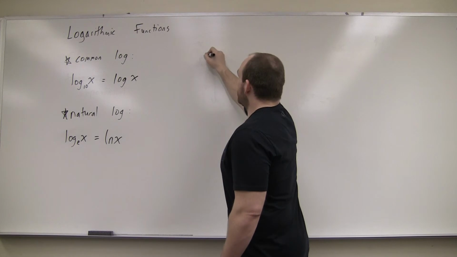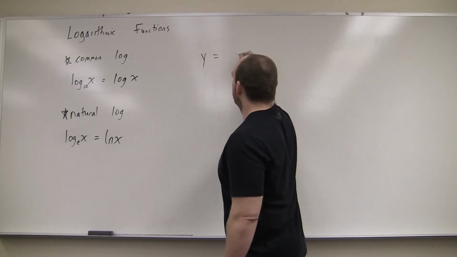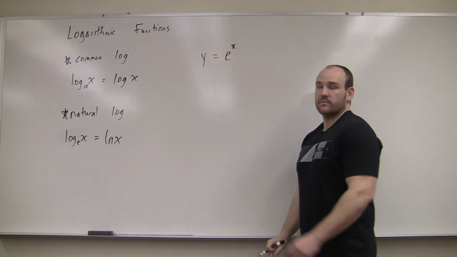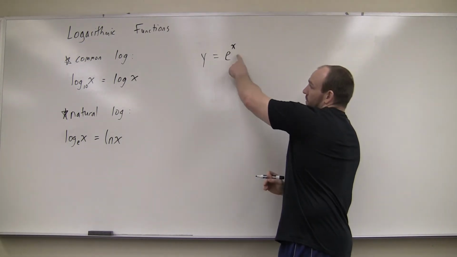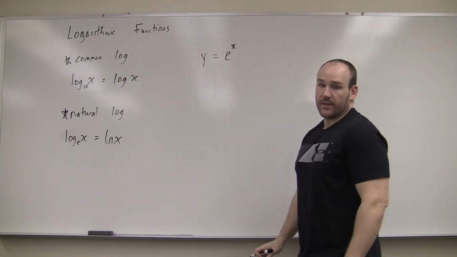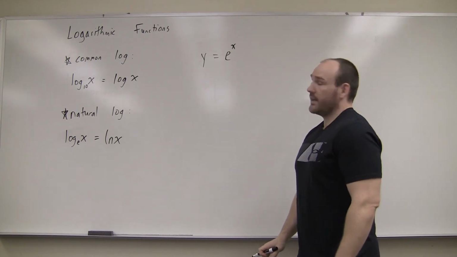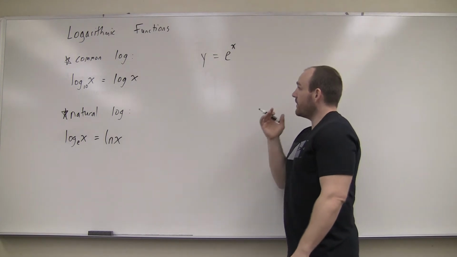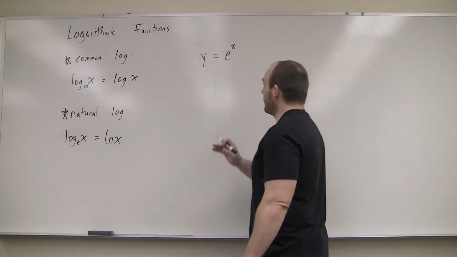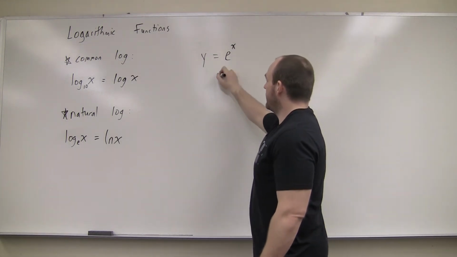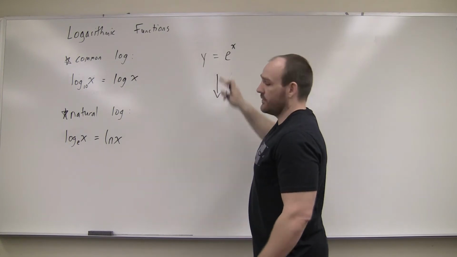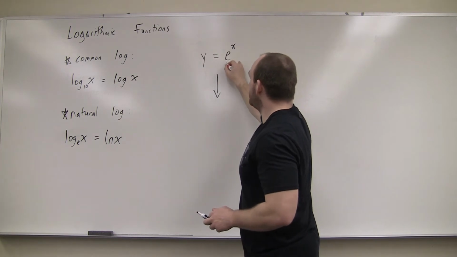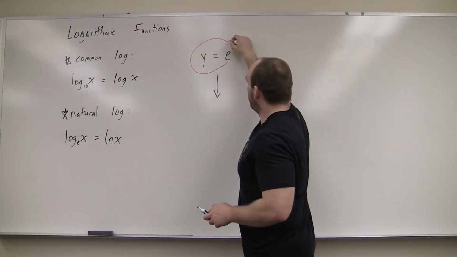Okay, so like I said, that natural log is the inverse of this guy, where we have Euler's number to the x. If you look in your calculator, you should see that e, and we talked about that in the exponents video. All right, so if we are converting to logarithms, if you use your swirl method, we're starting at log base e, picking up that y, ending on the x.